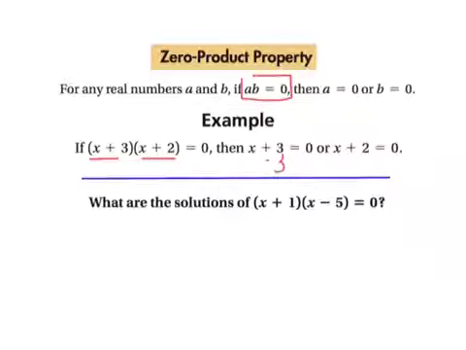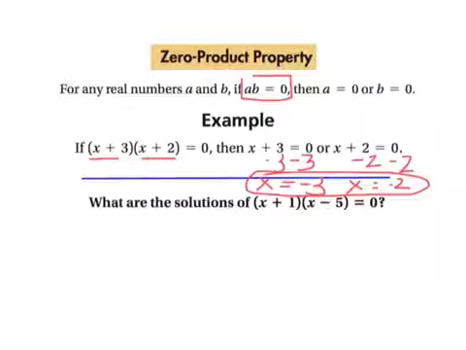For the first one, I'm going to subtract 3 on both sides, getting me x equals -3. For the second one, I need to subtract 2 on both sides, getting me x equals -2. Once it's factored, solving these equations is that simple.